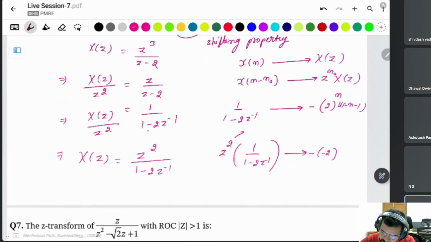Plus 2, to the power of n plus 2 u of minus n. It means in place of n we have to put n plus 2, then minus n minus 2 is there, minus n minus 2 minus 1 equals minus n minus 3. This is the inverse Z transform of the given system.